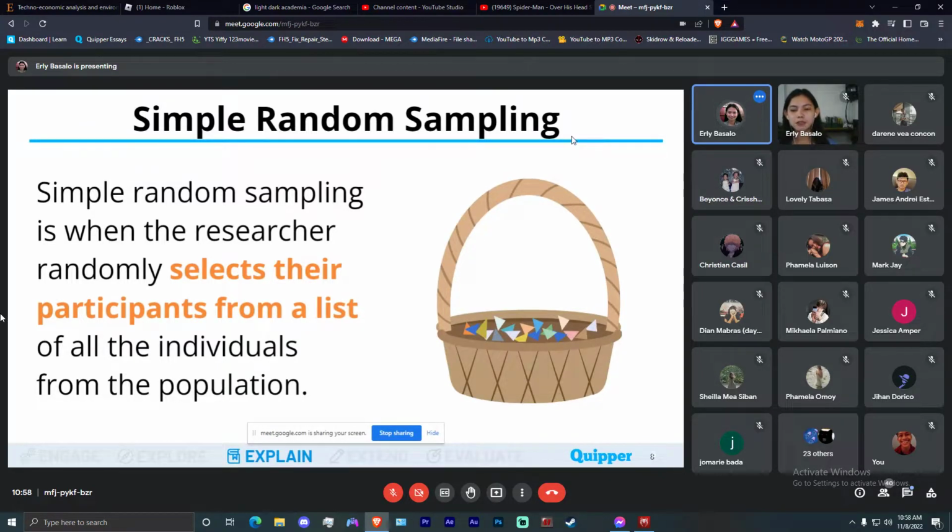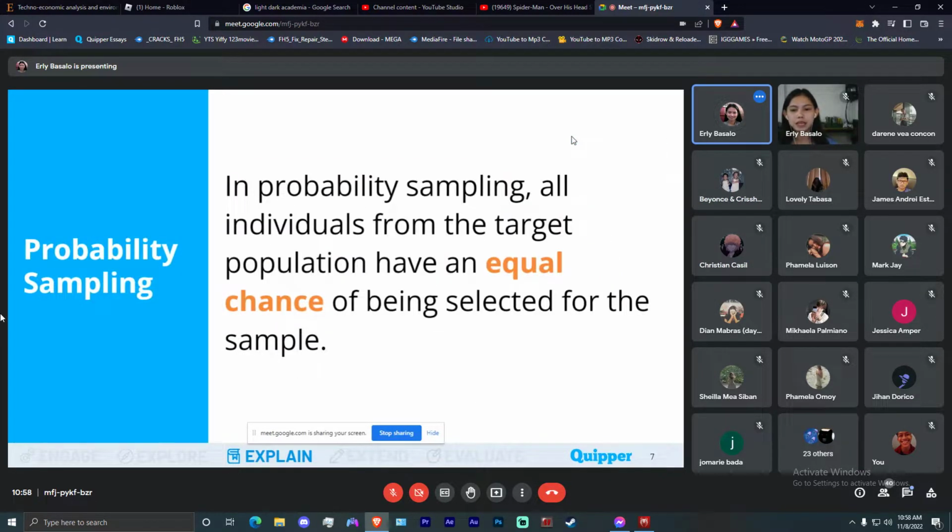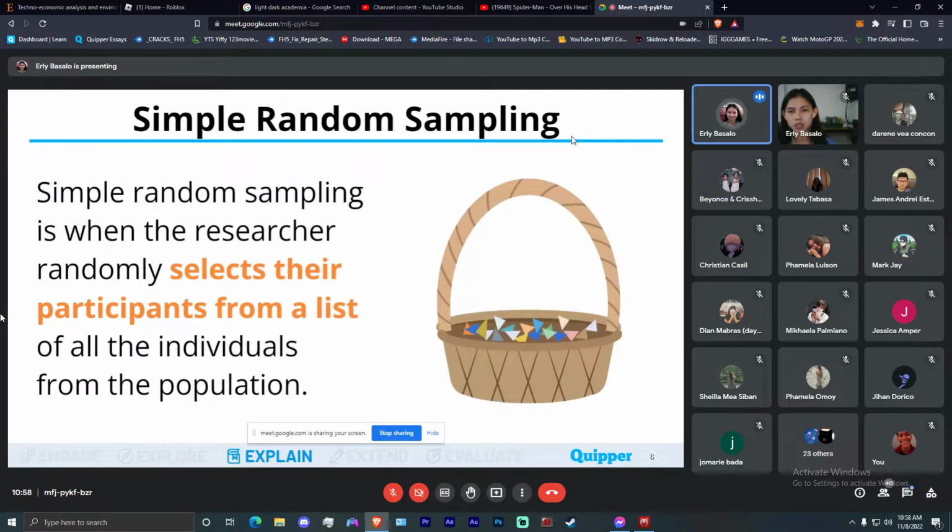as participants. Okay, first type of probability sampling, we have simple random sampling. Simple random sampling is when the researcher randomly selects their participants from a list of all the individuals from the population. So you provide the list of all the population within your target scope of your research.